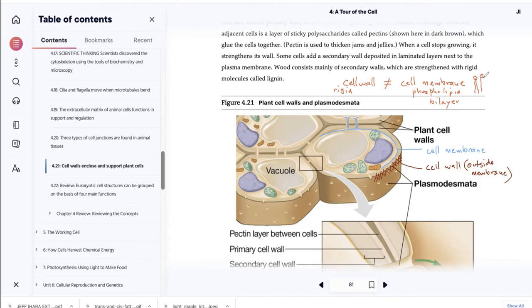These two phospholipids can move around relative to each other. In other words, it's a fluid structure. Cell membranes are inherently fluid in structure, whereas cell walls are rigid, usually cellulose material. We talked about that when we discussed polysaccharides.